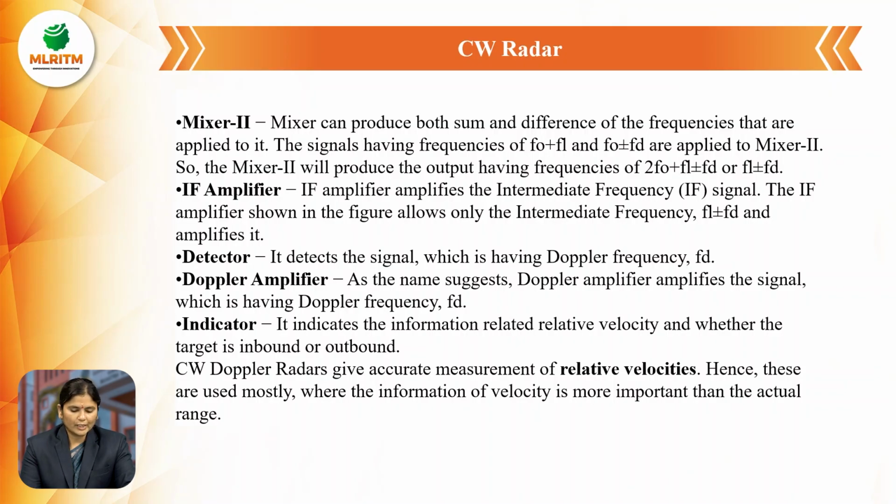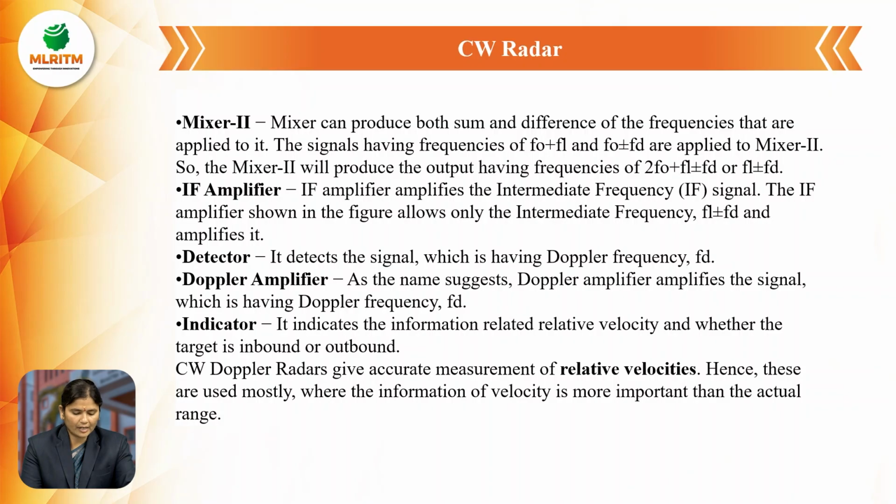The IF amplifier amplifies only the intermediate frequency produced by mixer 2. Next is the detector, which detects the signal having the Doppler frequency FD. The Doppler amplifier, as the name suggests, amplifies the signal having the Doppler frequency FD. The indicator indicates information related to the velocity and whether the target is inbound or outbound.